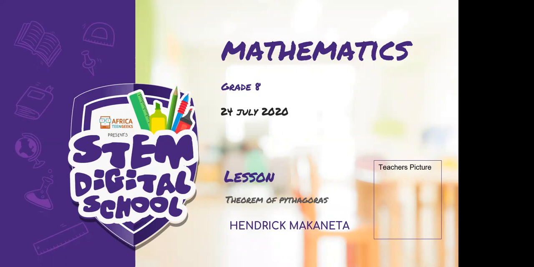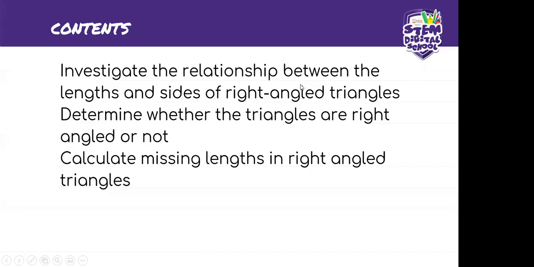Welcome to the grade 8 mathematics class. Today we will be looking at Pythagoras. I want us to be able to investigate the relationship between the lengths of the sides of right-angled triangles.